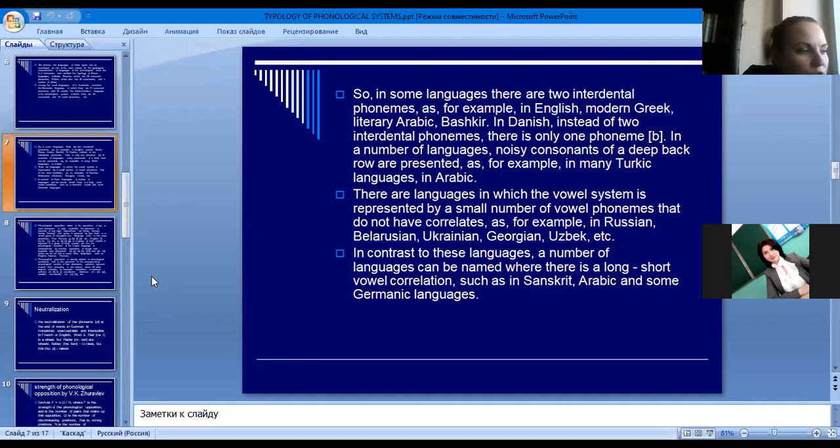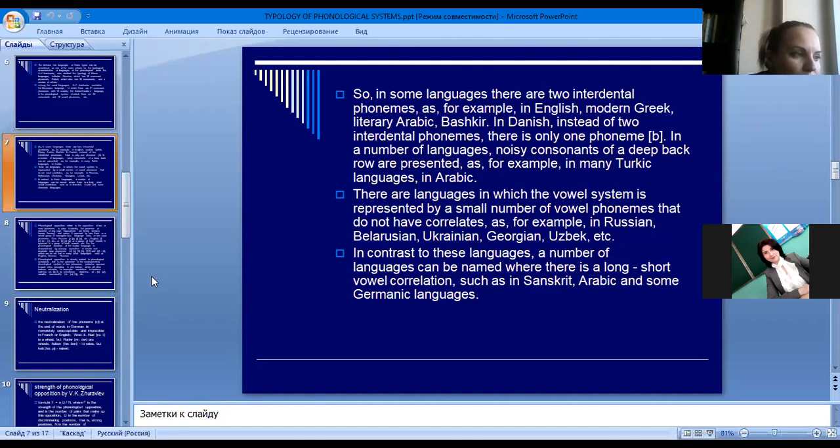There are languages in which the vowel system is represented by a small number of vowel phonemes that do not have any correlates, as for example in Russian, Belarusian, Ukrainian, Georgian, Uzbek, and so on. In contrast to these languages, a number of languages can be named where there is a long-short vowel correlation, such as Sanskrit, Arabic, and some Germanic languages.